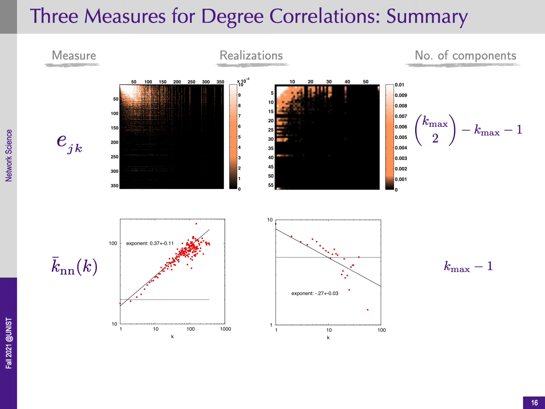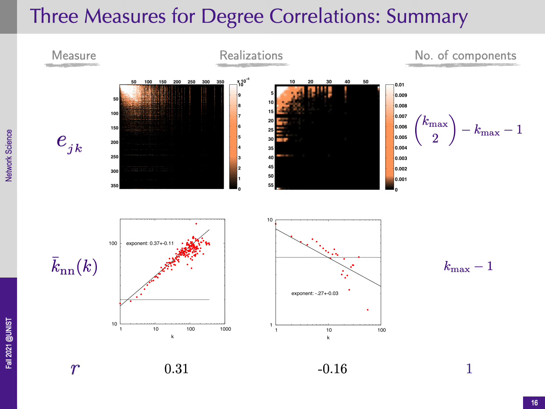If this function k_nn(k) shows monotonically increasing behavior, like shown in the left panel, it indicates assortative correlations. On the other hand, if k_nn(k) shows this decreasing behavior, you can say it is more or less negatively correlated or disassortative.